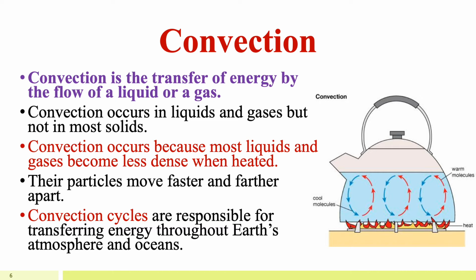It will start to rise because it is less dense, and the cooler liquid will sink down, and the liquid will move in circles like this. The hot liquid will rise, and the cooler one will sink because it is denser than the hot liquid, and so on. We call this convection currents.